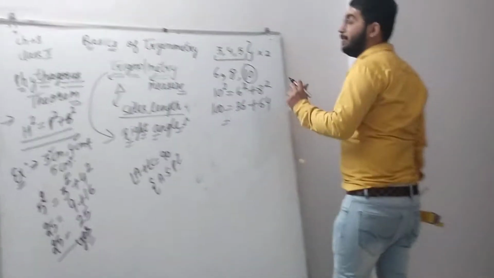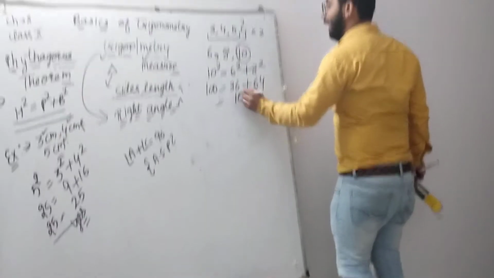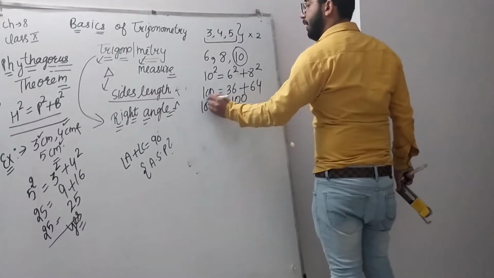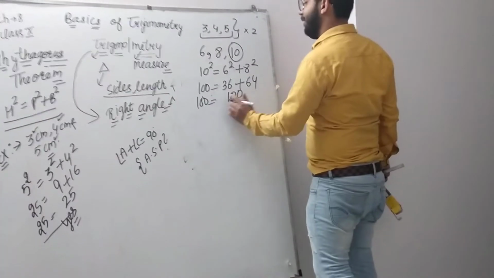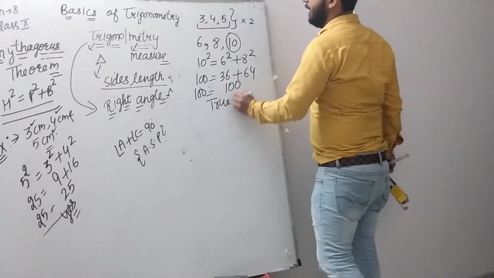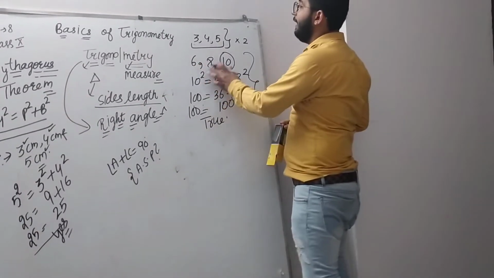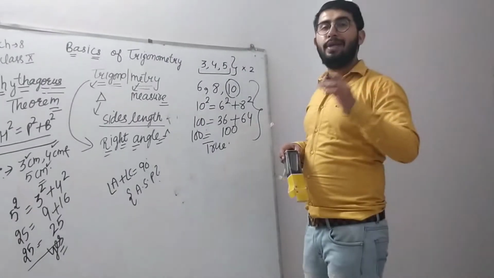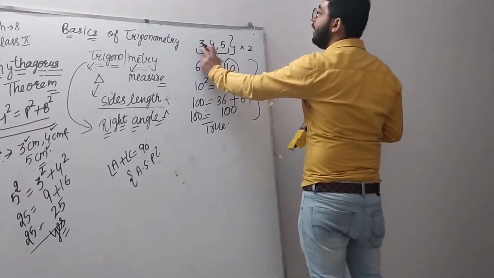When we sum up 36 and 64, we get 100. 100 equals 100, which is true. Therefore, it satisfied the Pythagoras theorem. Therefore, 6, 8 and 10 are the dimensions of a right angle triangle.